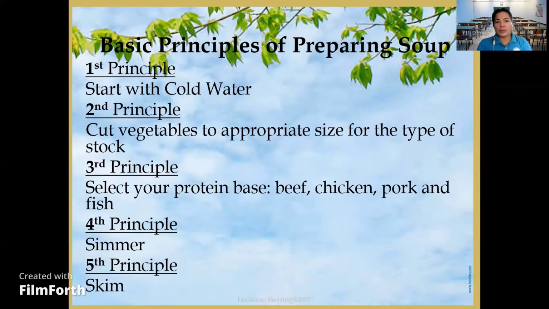Then pili ka kung anong gusto mong protein base like beef, chicken, pork, and fish. And after that, isi-simmer lang natin siya. After simmering, ito yung nabanggit ko kanina, kapag may mga scum na namumuo sa tabi ng iyong pinaglulutuan, you have to skim off para matanggal siya before you add other ingredients to your soup.